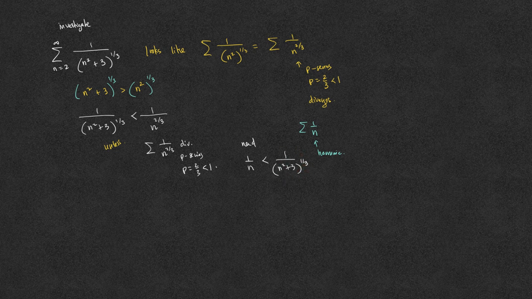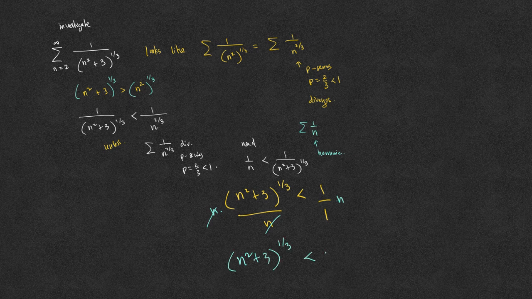But how do we show this inequality? First, observe that we can multiply n squared plus 3 to the 1/3 power to both sides of the inequality, and the inequality still holds. We then multiply n to both sides of the inequality, and again, the inequality still holds because all of these are positive. Therefore, we have n squared plus 3 to the 1/3 power less than n, which is equivalent to the inequality that we want to show.